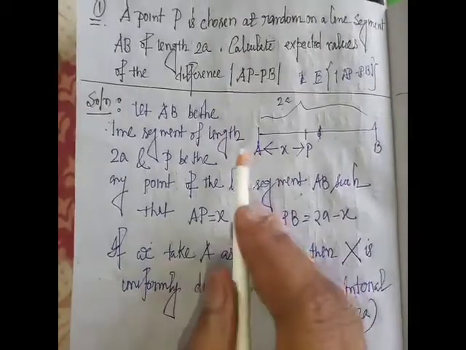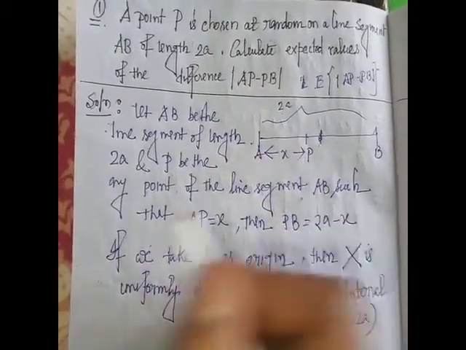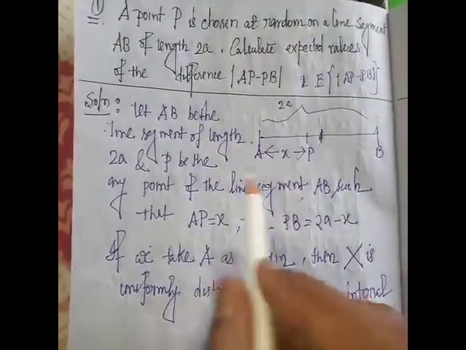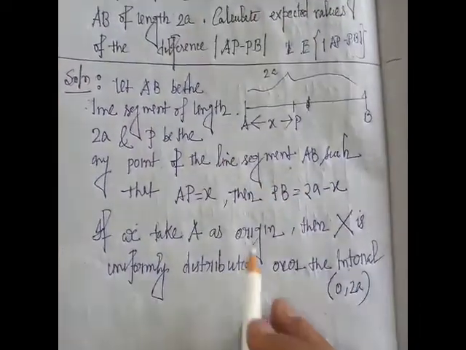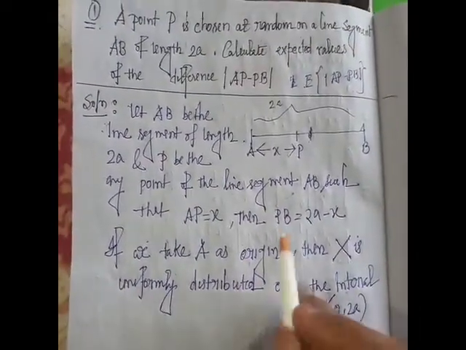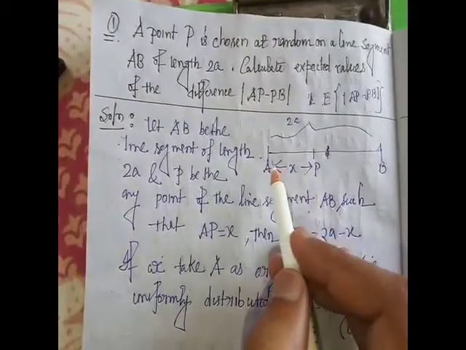Let us take A as origin. Then x is the random variable which follows a uniform distribution over the interval 0 to 2a.